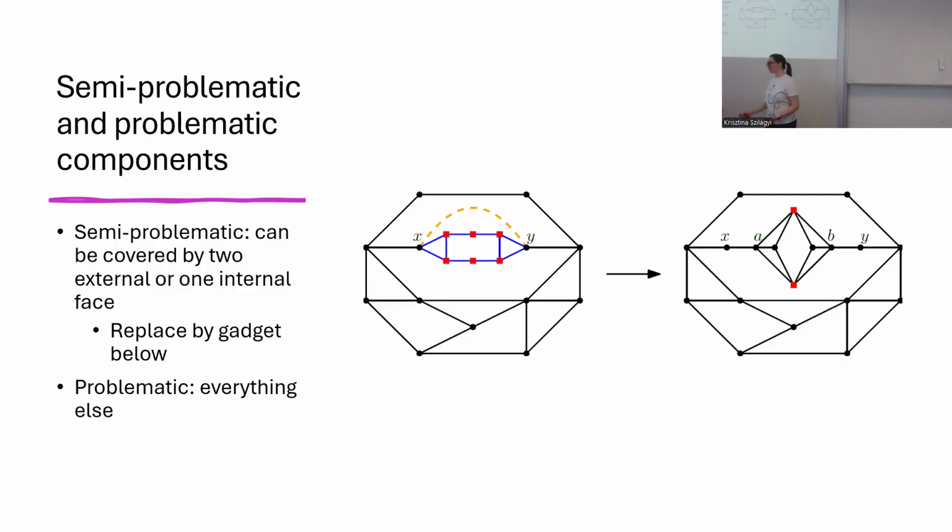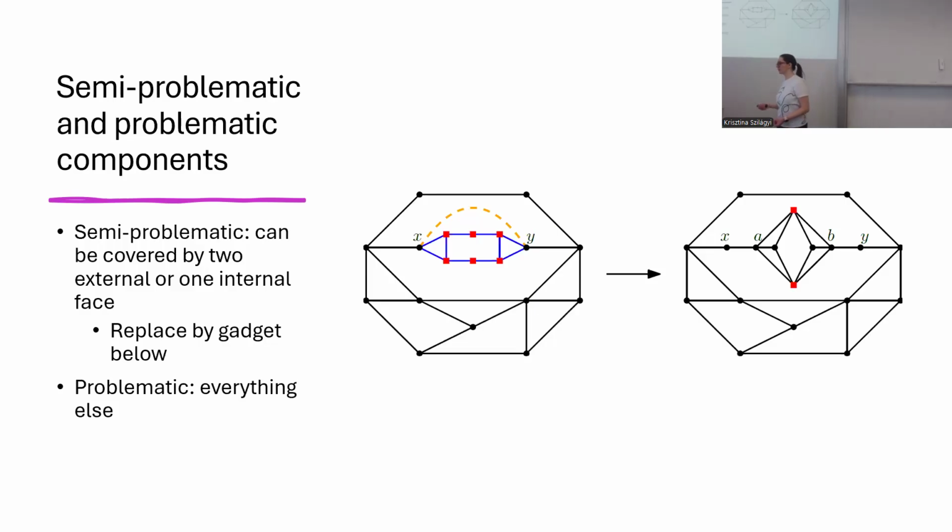Okay, then the semi-problematic components, those are a bit strange. Those are the components that can be covered either by two external faces or by one internal face. And there we have this strange trade-off, because either I want to minimize my face cover immediately, and say, okay, it should be one because one is smaller than two, or I could say, maybe it's better to use faces that are reusable later on. And we want to preserve this exactly.